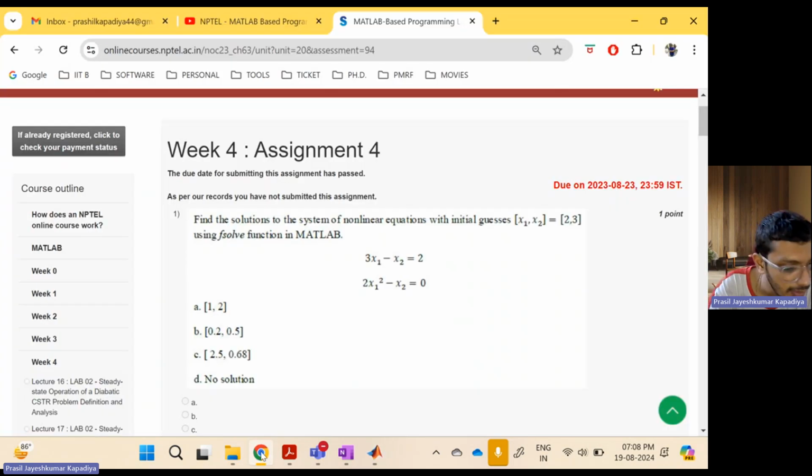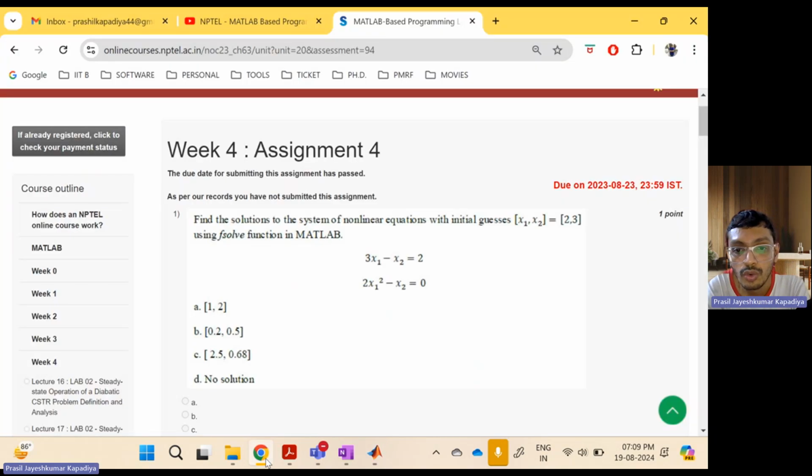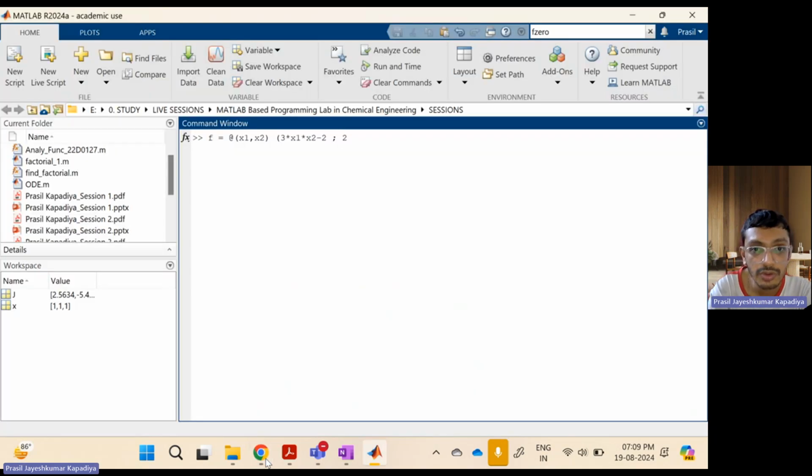That is 3 into x1 minus x2 minus 2. This is my first equation. And my second equation is 2 into x1 square minus x2. Okay, so these are my two equations.